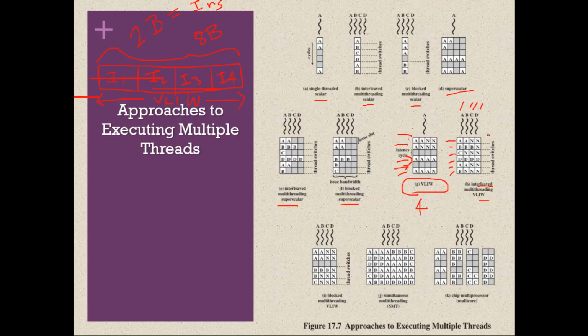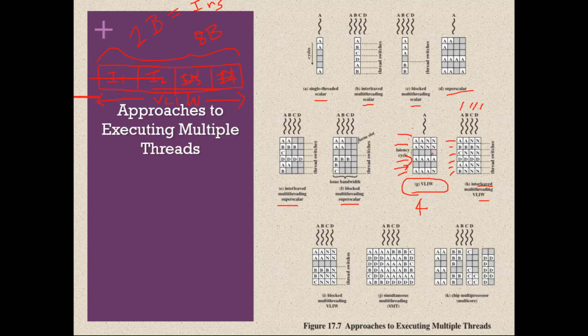During the first clock cycle, the processor tries to fetch 4 instructions of A, but it was able to fetch only 2, and it executes those 2 independent instructions parallelly. The remaining 2 will be N, no operation, because there is no such instruction and the size of the VLIW is multiple instructions.